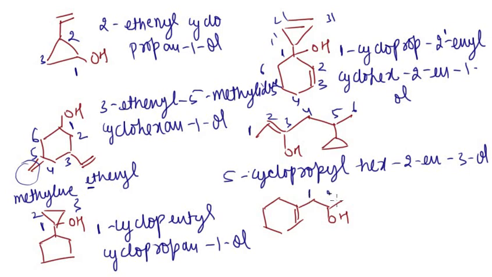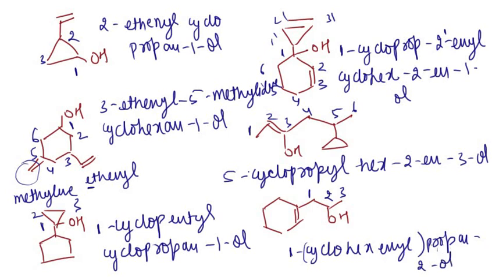Now here it is 1, 2, 3. 1-cyclohexenylpropan-2-ol. So that's how we will be naming the alcohols.